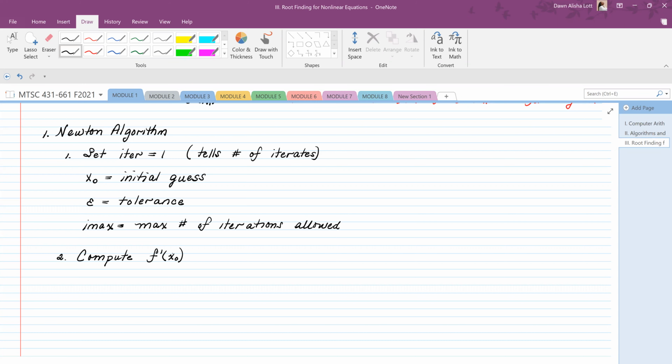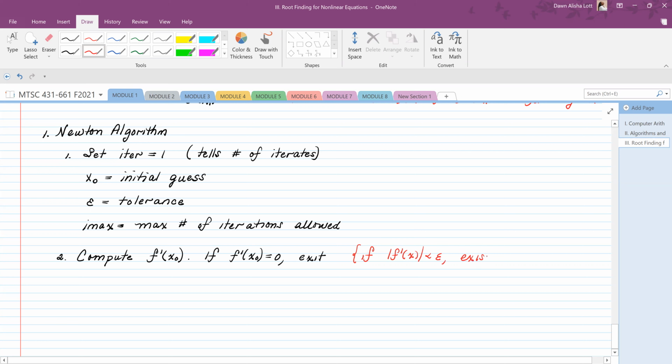So I will stop here. Let me just say, if f prime of x naught is actually equal to 0, you need to exit. So numerically, you would say if the absolute value of f prime of x naught is less than epsilon, then you exit. And this might be a different epsilon. So let's make it epsilon 1.